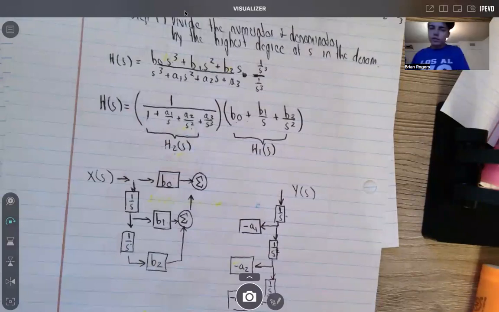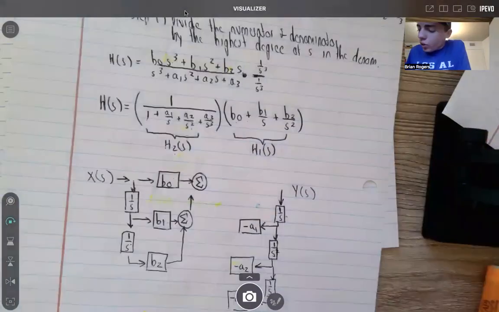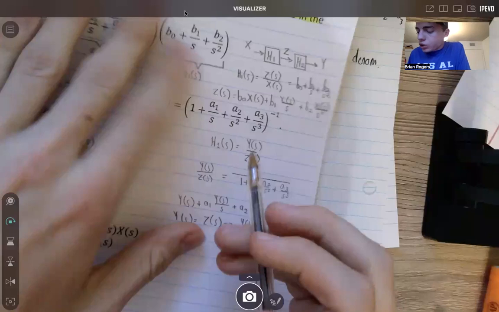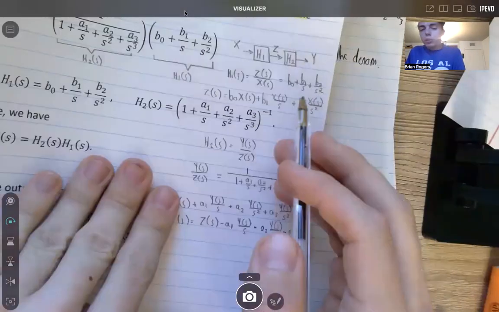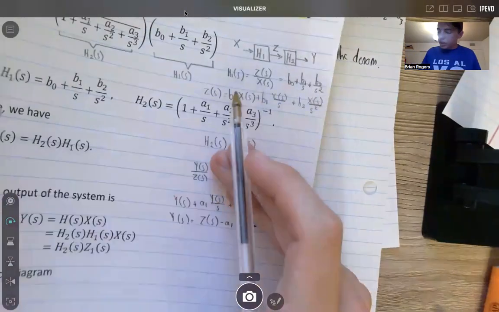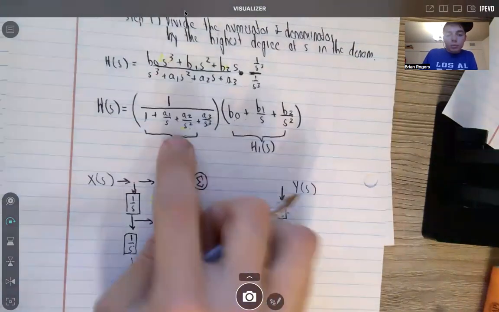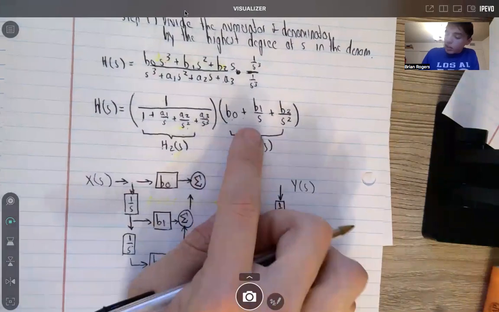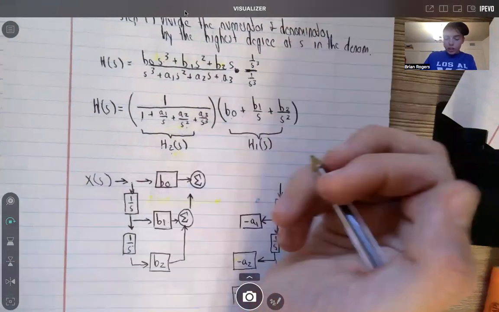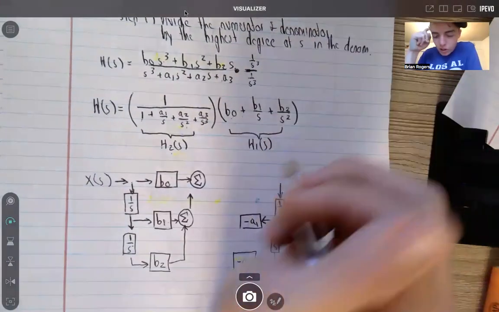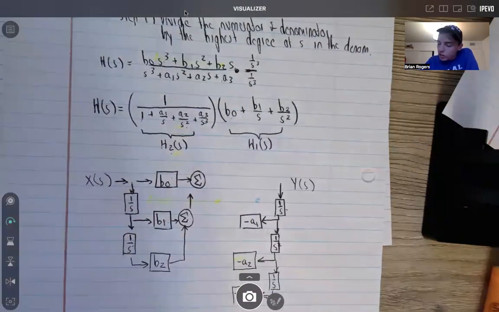Okay, so we had our H1 and our H2, right? They were multiplied by one another. They were in cascade with each other. When they're multiplied by one another, that means you can do them in cascade with one another. And so what we could say is this exact same thing.